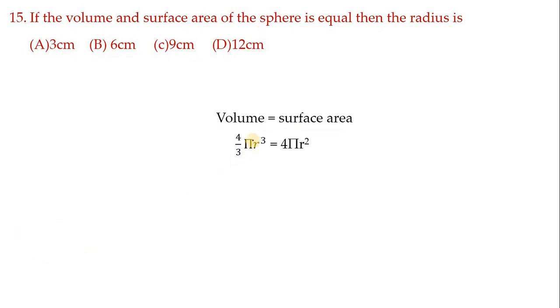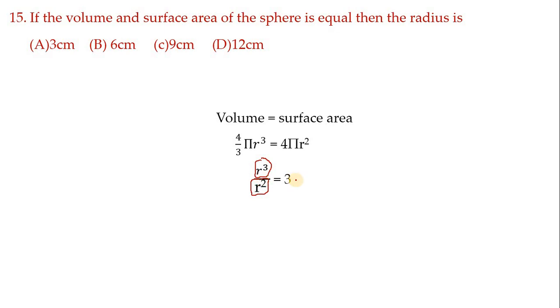Now here 4 and 4 will get cancelled and pi and pi will get cancelled. Now this denominator 3 transferred this side becomes numerator, and this r square transferred this side becomes denominator. Now here r cube and here r square.